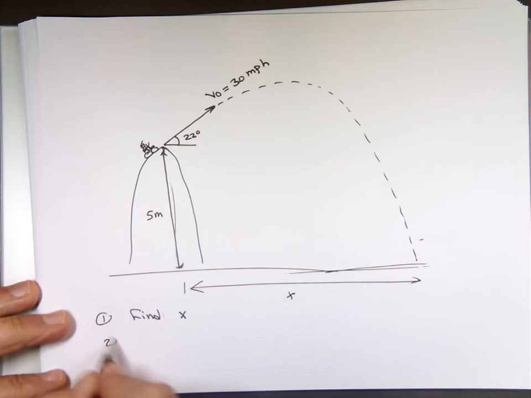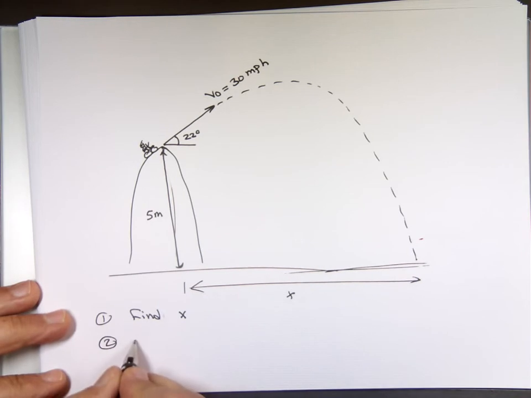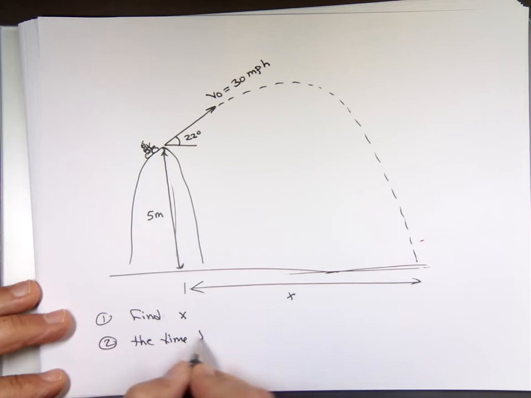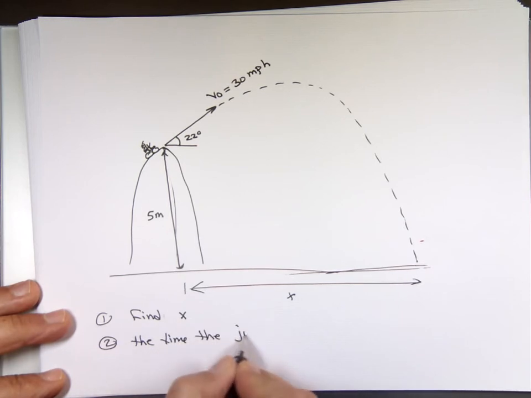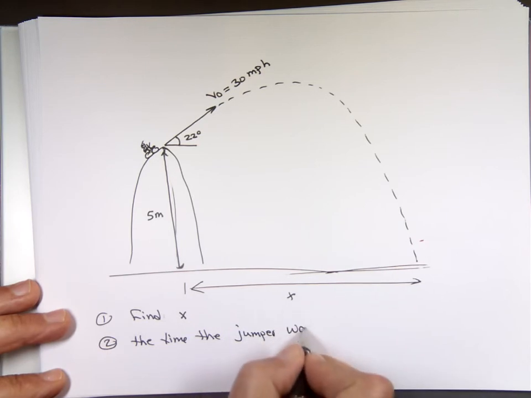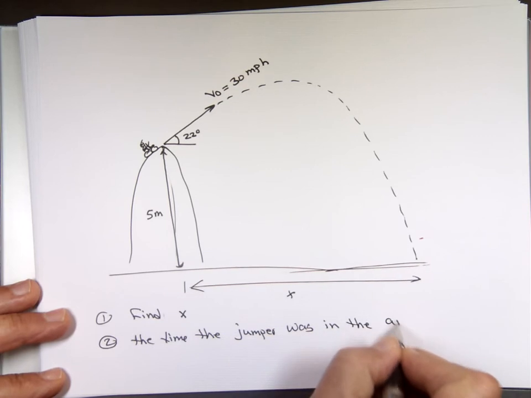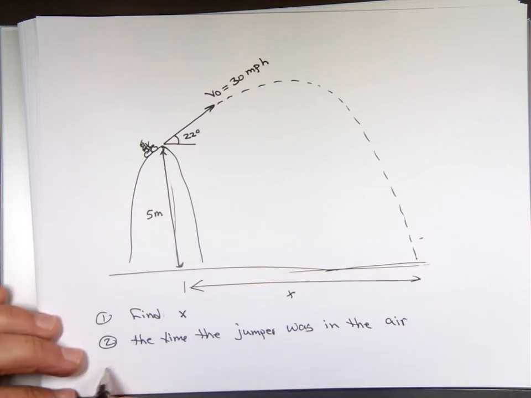Same questions. The time the jumper was in the air. How long was he or she in the air? And 3 is what?